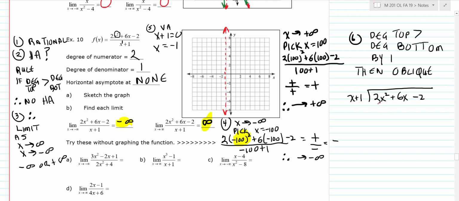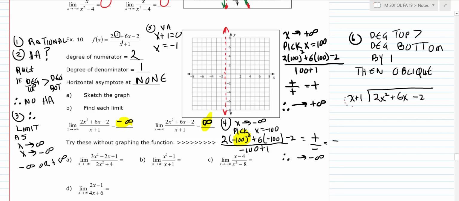I'm going to review this, and if this is something you don't understand, then you might want to go to YouTube and search algebraic long division, and you'll probably find some videos. I probably have something on my YouTube channel somewhere too, so you could do a search on my YouTube channel.